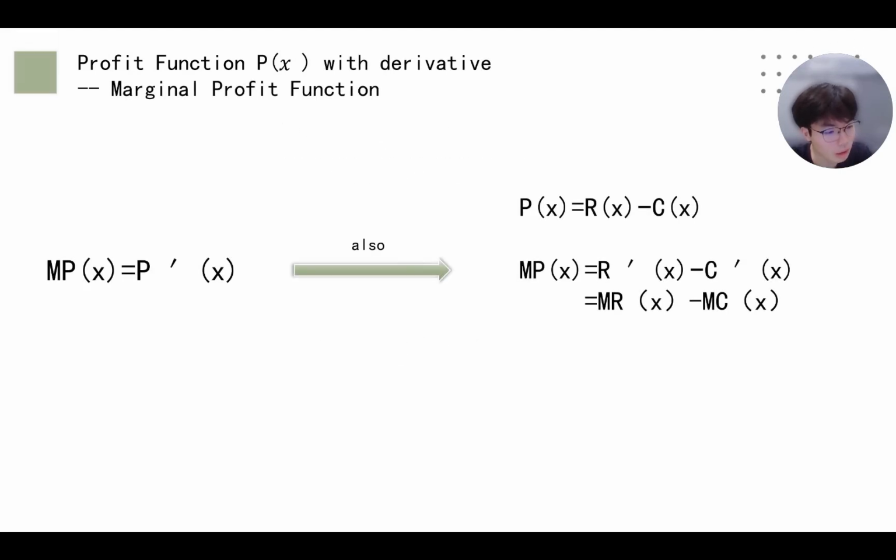Also, we use the subtraction rule for the derivative. The marginal profit function can not only represent the derivative of the profit function, but also the marginal revenue function minus the marginal cost function.